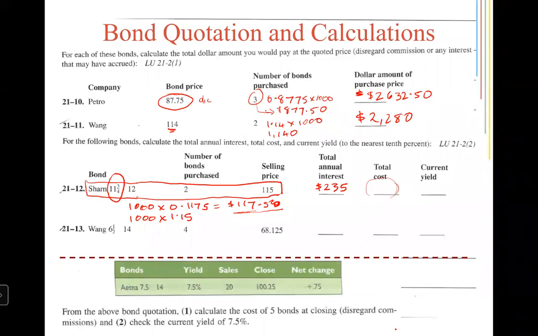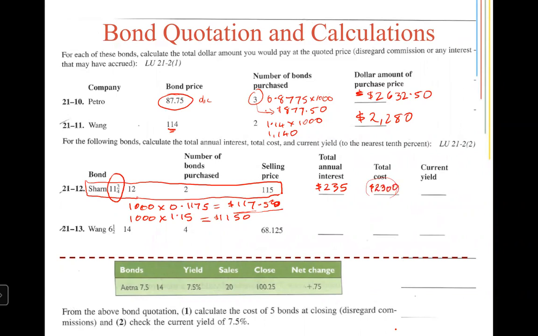When you multiply that, you're going to get 1,150. So one bond is being sold for 1,150. If you're dealing with 2 bonds, it would be $2,300.